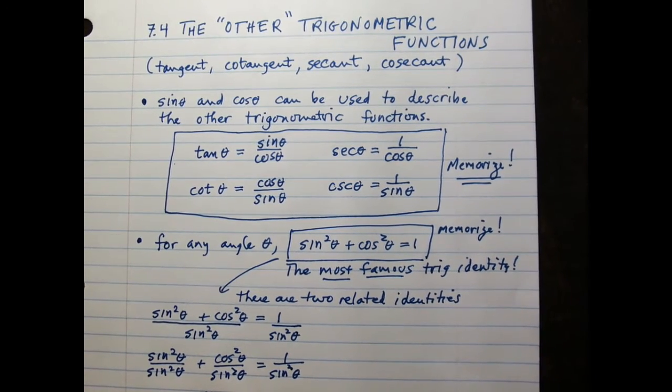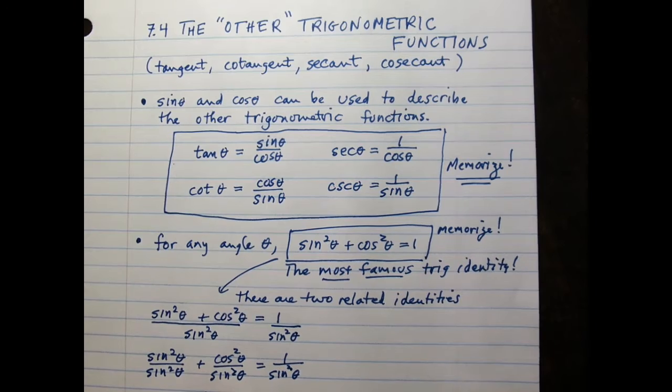So now I have 1 plus cosine over sine, which is cotangent. That's cotangent squared theta, equals 1 over sine, which is cosecant. That's cosecant squared theta. So this is one of those special formulas.